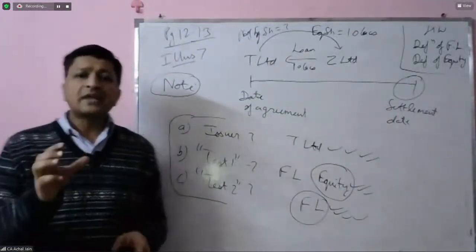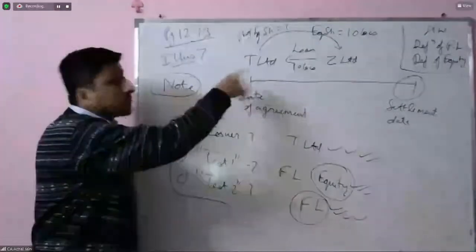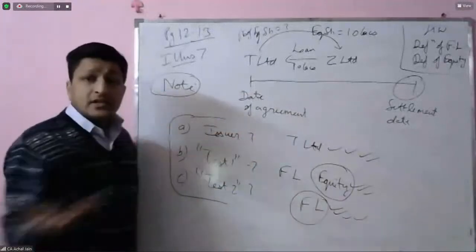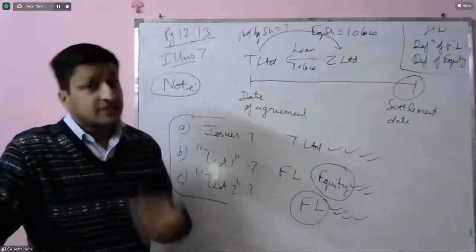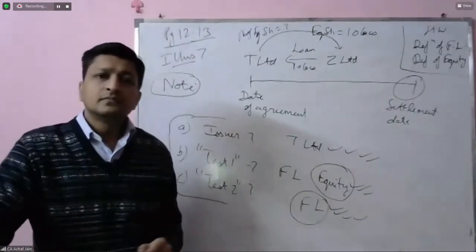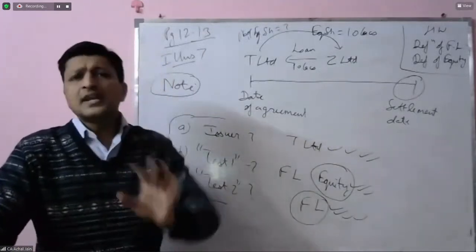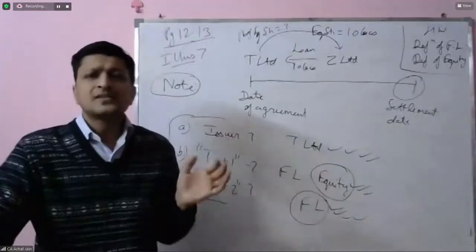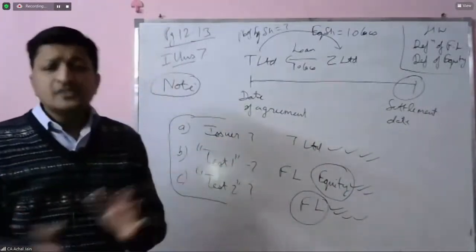For the time being, what you can simply understand is that the contract in illustration number 7 was not in the nature of a derivative. That's why they are using the term non-derivative. Clear? And again, you don't need to get into so much technicality. If you think, no sir, this doesn't appeal to me, I'm really confused with this, forget these two terms.